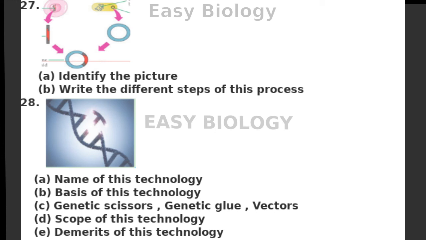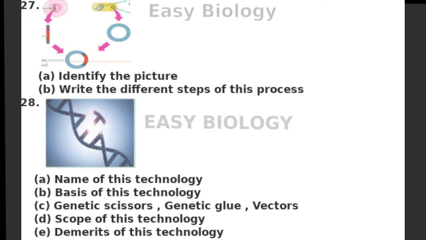Question number 28a. Name of this technology. Answer: genetic engineering. Question 28b. Basis of this technology. Answer: genes can be cut and joined. Question 28c. Genetic scissors, genetic glue, vectors.